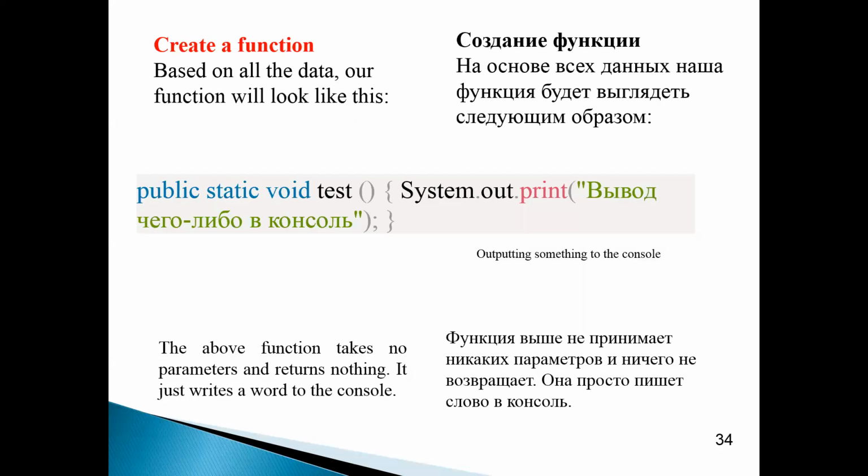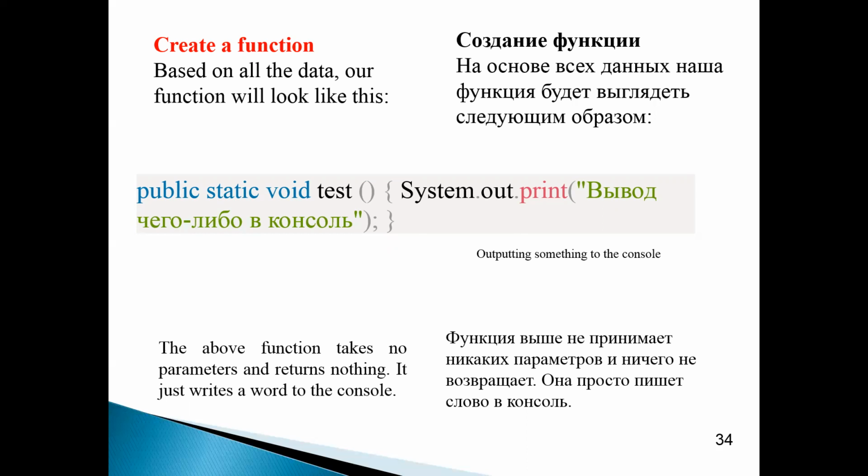Please, guys, look on the next slide. You can see create a function. Please look carefully in the middle of this slide. Based on all the data, our function will look like this.